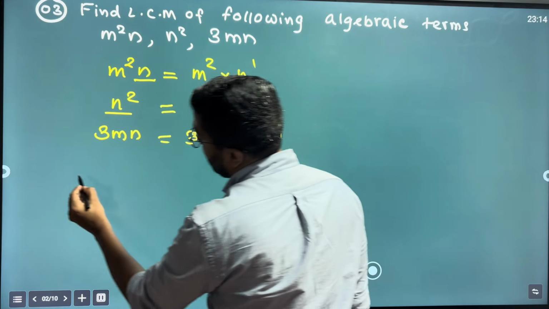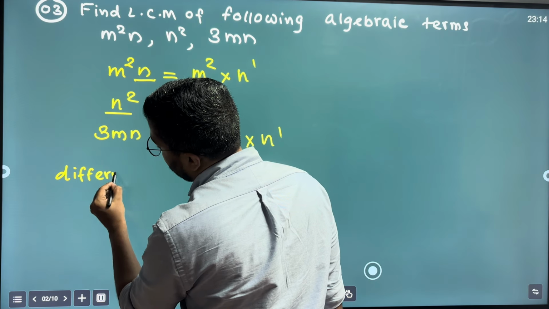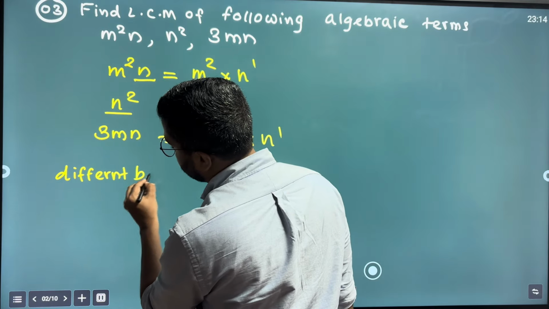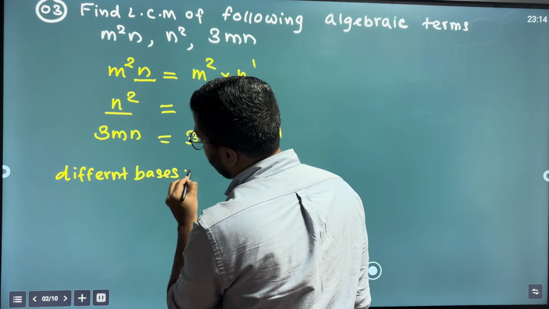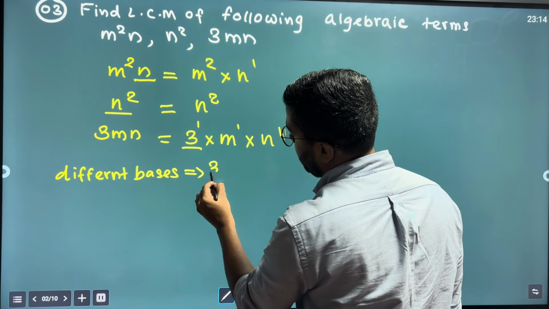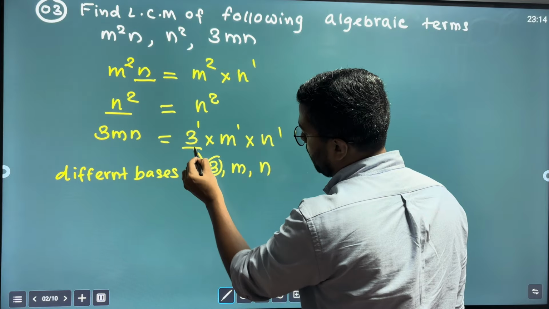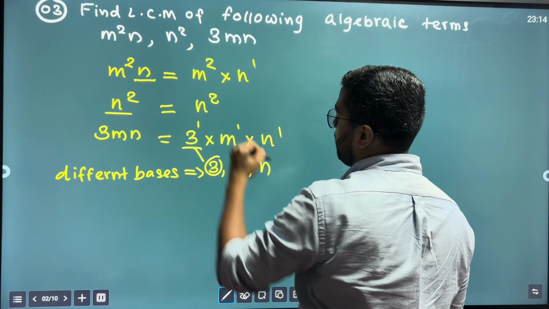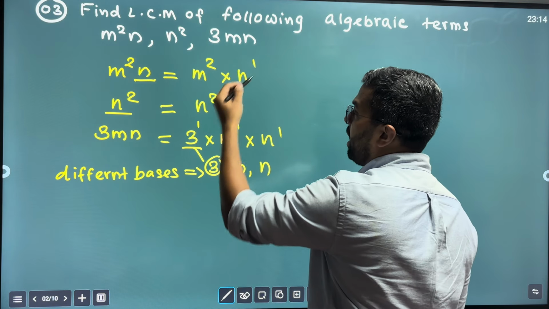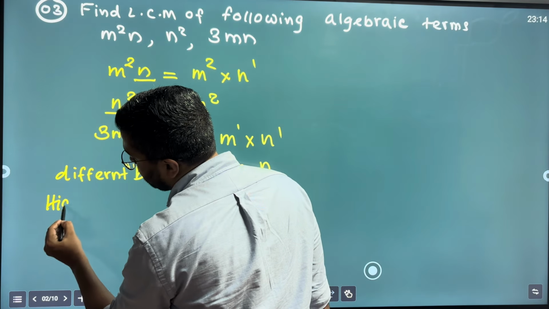So what are the different bases you have in these algebraic terms? We found 3, m, and also we found n at certain different places. So what is the highest power?